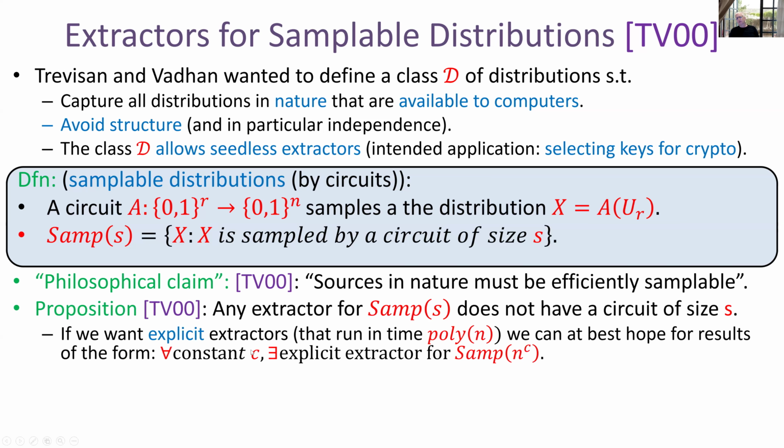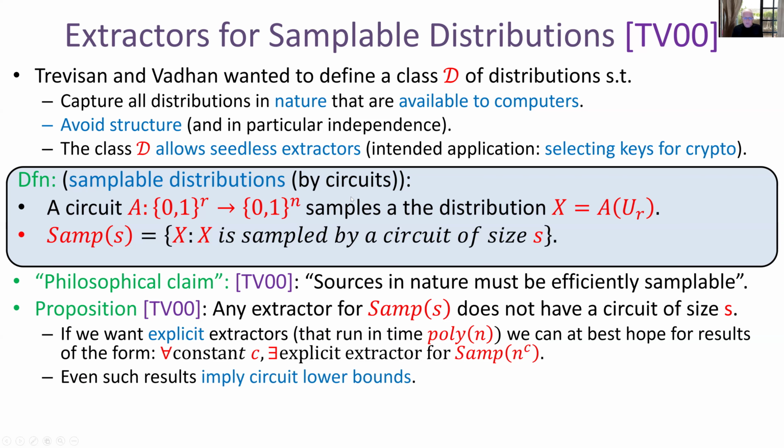For every constant c, there exists an explicit extractor for distributions sampleable by size n to the c circuits, but this extractor will run in time which is polynomial, but the polynomial will be larger than n to the c because the extractor does not have a size n to the c circuit. So that's the first thing.